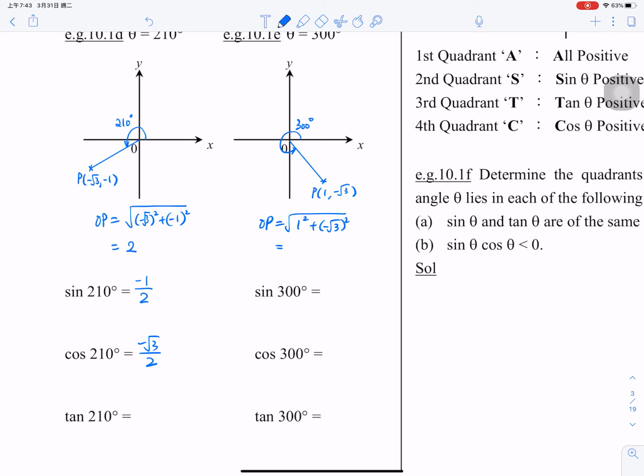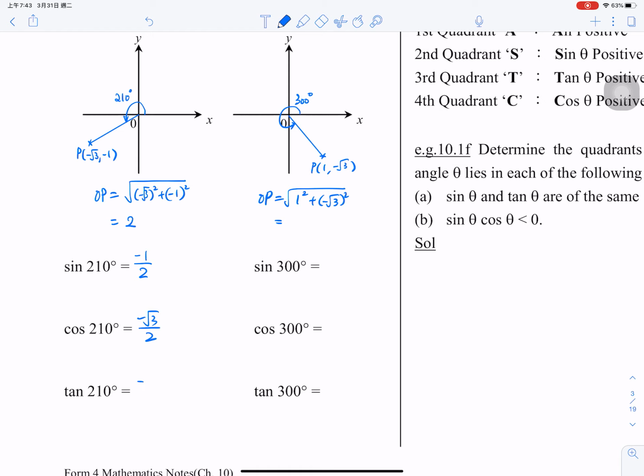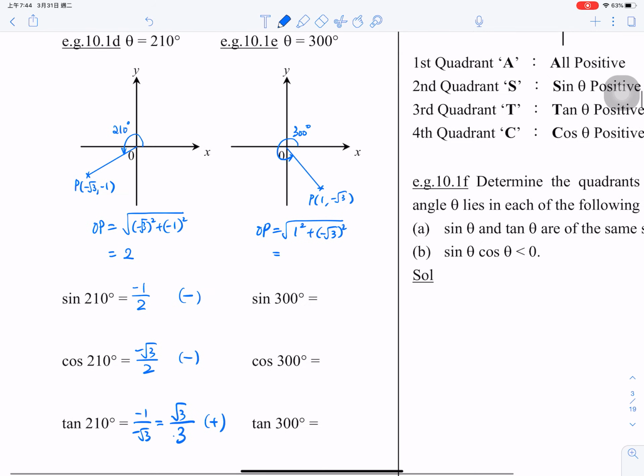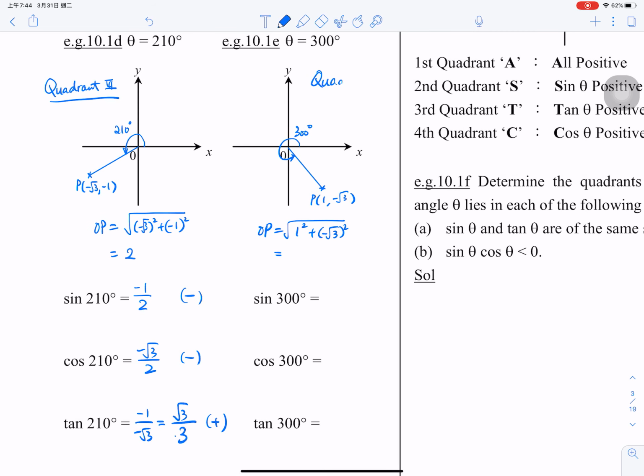And finally, tangent, y over x. Oh, this one becomes positive, root 3 over 3. So this one is negative for cosine and sine, and tangent is positive. This one is quadrant 3.